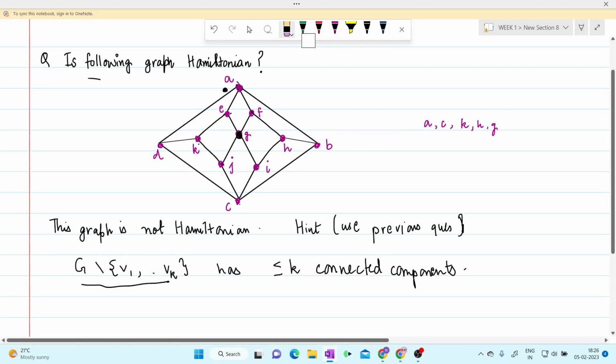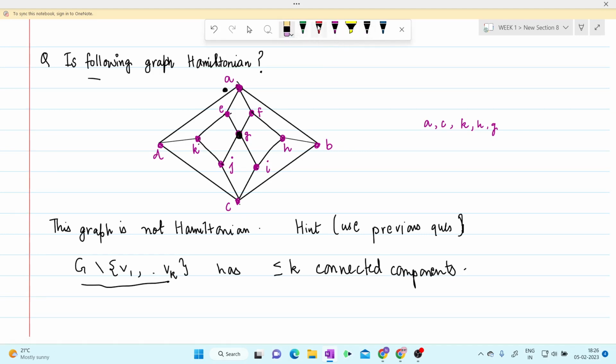So if we remove these five vertices A, C, K, H, G, then all the rest of the vertices become isolated, and we are left with six components, but we removed only five vertices. Therefore, this graph cannot be Hamiltonian.